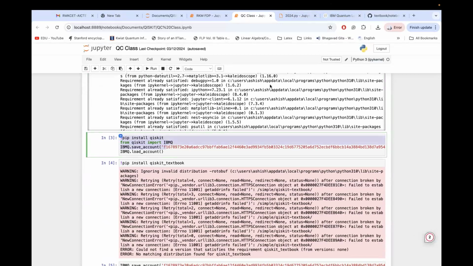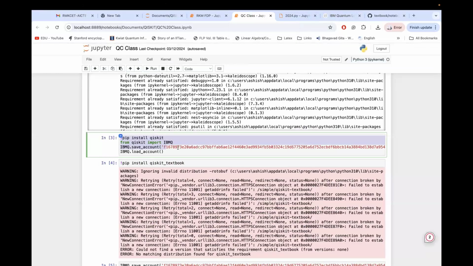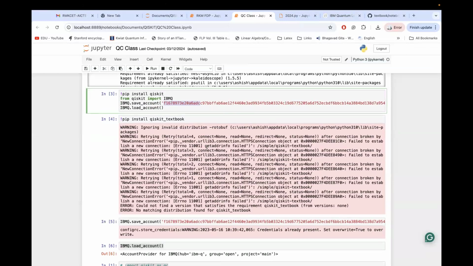Once you create an ID on your IBM learning website, you will get one token, a very huge number. You copy the token and paste it here in the command IBMQ.save_account. There you have to copy this IBM token, and then IBMQ.load_account. If you run that, your account will be loaded on your PC.